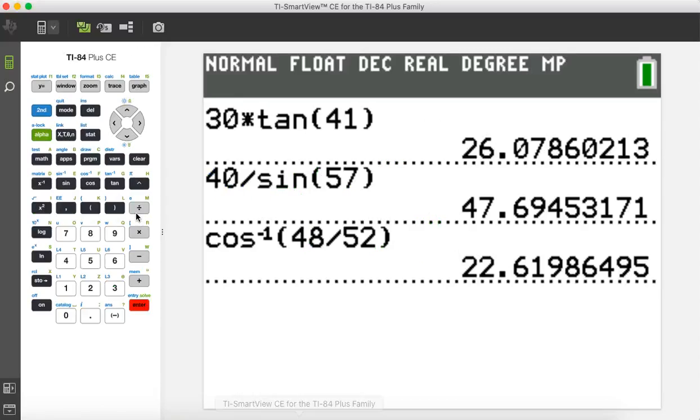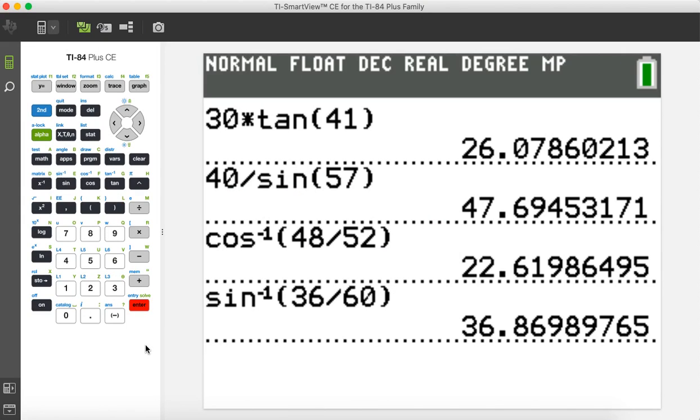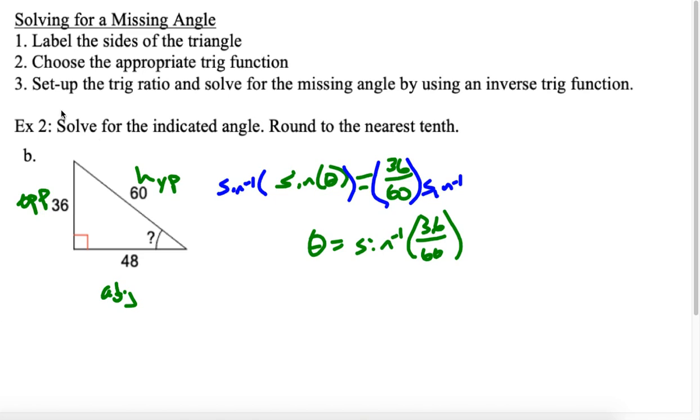Put that in the calculator. So second sine, 36 over 60. And we get 36.9 degrees. So that missing angle would be 36.9 degrees. One final example here.